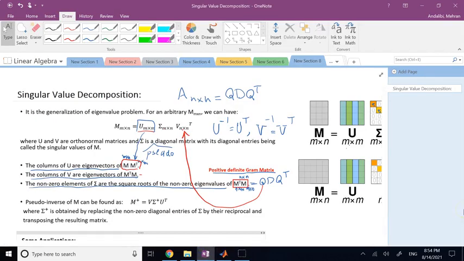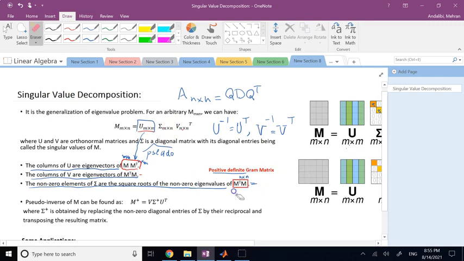So basically, not only are the square roots of non-zero eigenvalues of M transpose M singular values, they are also the square roots of non-zero eigenvalues of M times M transpose.